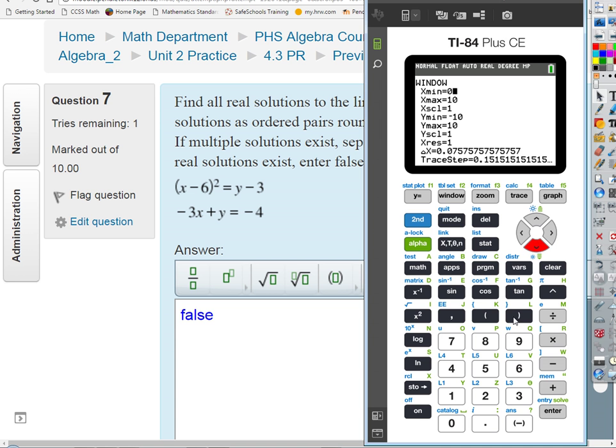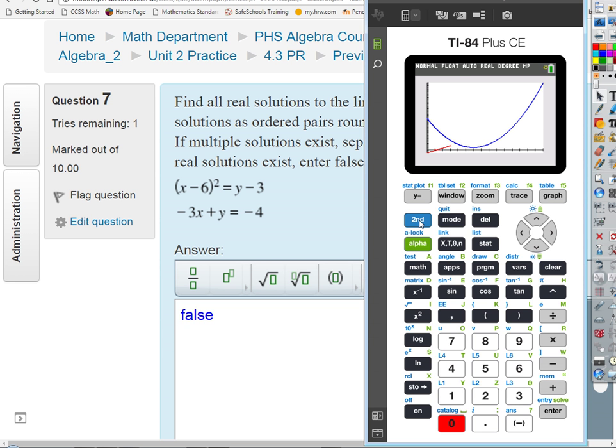Actually, let's make it 15. And then I'm going to let the calculator pick the y values, so I'll go zoom 0. Okay, and now I can see both intersections.